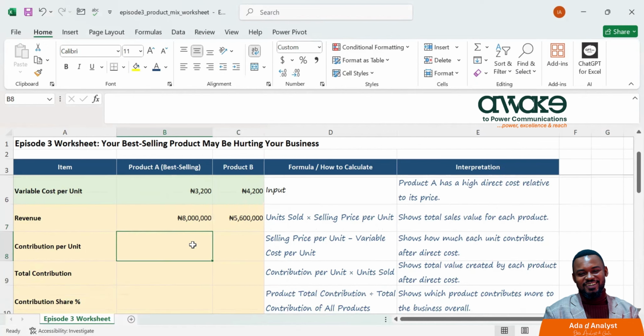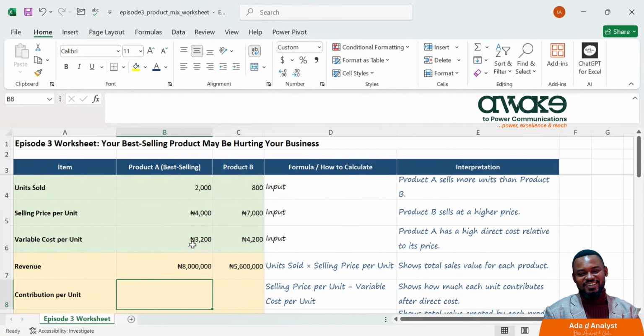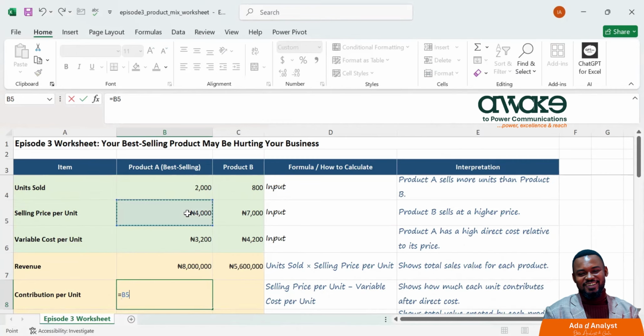Let's determine the contribution per unit of each of these products. The contribution per unit for each product will be taking away the variable cost from the selling price of that unit. So we take the selling price of that unit, 4,000, and take away the variable cost of that unit.